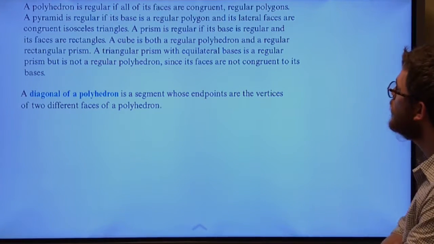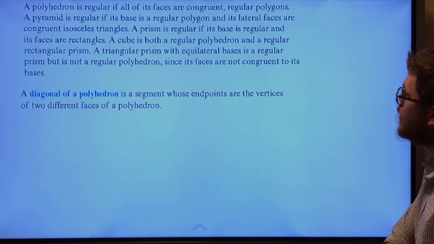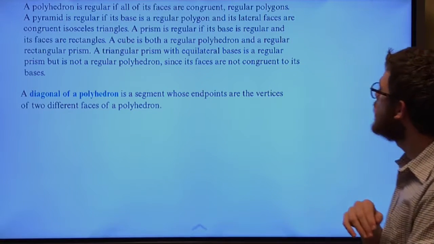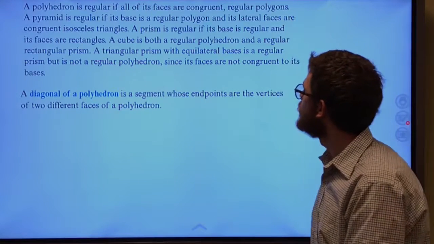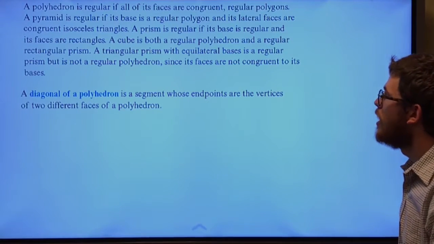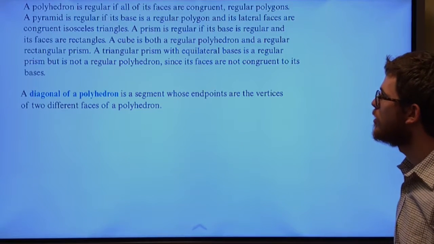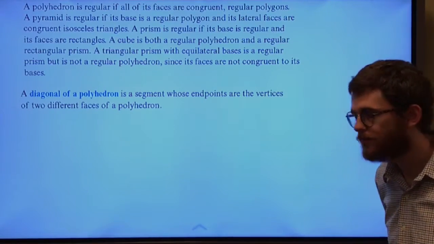A prism is regular if its base is regular and its faces are rectangles. And a cube is both a regular polyhedron and a regular rectangular prism. A triangular prism with equilateral bases is a regular prism, but is not a regular polyhedron since its faces are not congruent to its bases.